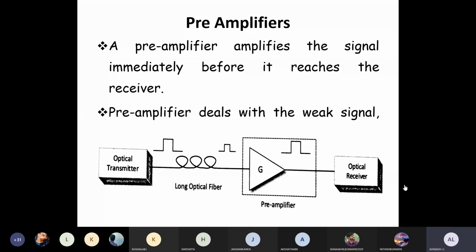Okay, you can see in the diagram there is the optical transmitter. In the optical transmitter, at the output, we are using a very high intensity signal.